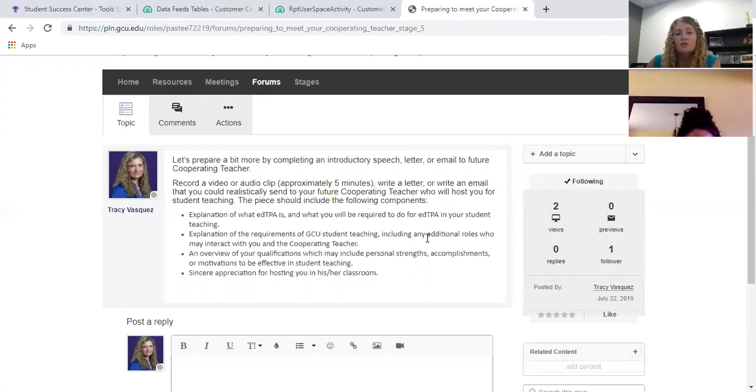You also want to tell your teacher about any additional roles who will interact with you and the cooperating teacher, and the main role there to share is your faculty supervisor. So I hope you know your faculty supervisor is going to be the GCU faculty member who comes to observe you on 4 different occasions to complete your formal evaluations. Okay.